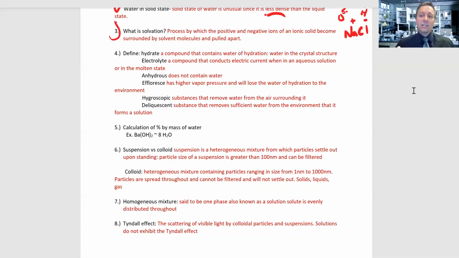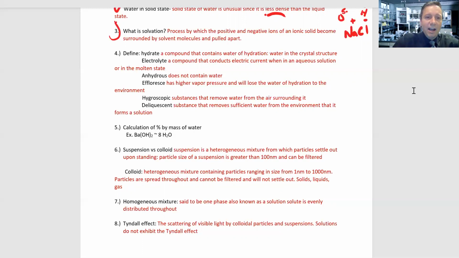If it's in its solid state, it is a non-conductor because there's no free electrons to move. So that is an electrolyte. Salts are electrolytes. If you had a non-electrolyte, it would be something like glucose in water. It's not going to conduct. So that's called a non-electrolyte.